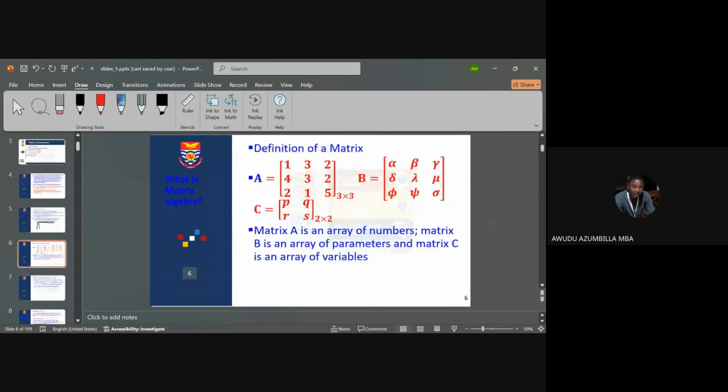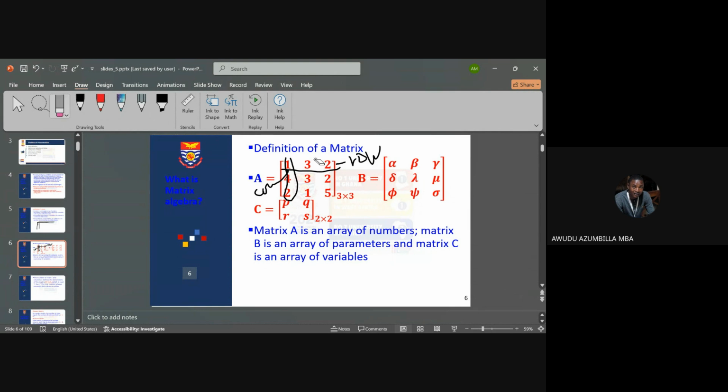Now, these are examples of matrices that we can think about. We can see numbers on the horizontal. These are called rows. And then we can see numbers on the vertical too. These are called columns.